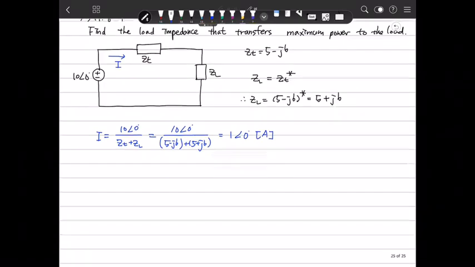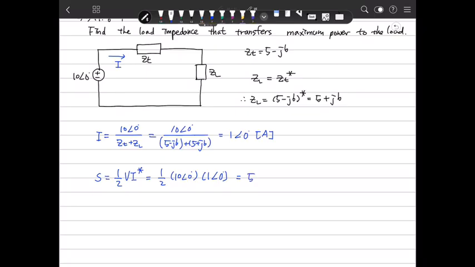So we need the power from the source. The complex power is half V I conjugate. Half V is 10 at 0, and the current conjugate is 1 at 0. So that will be 5.